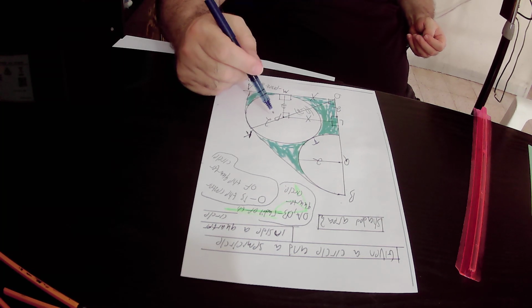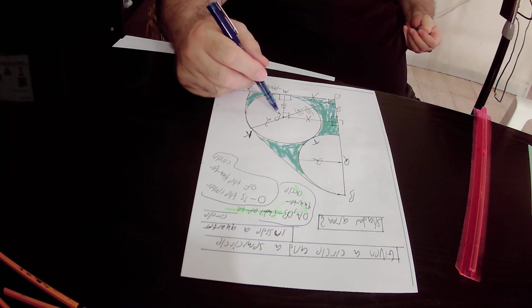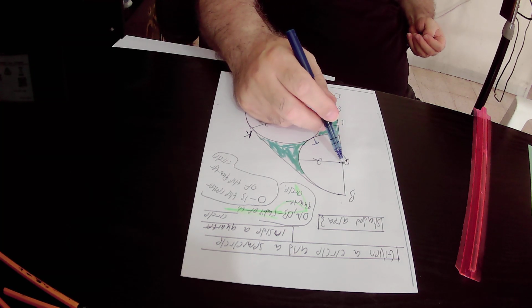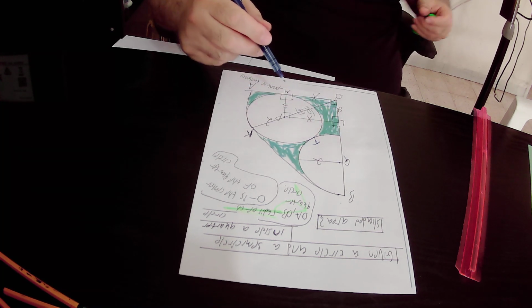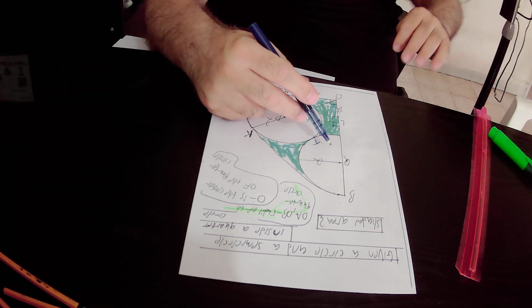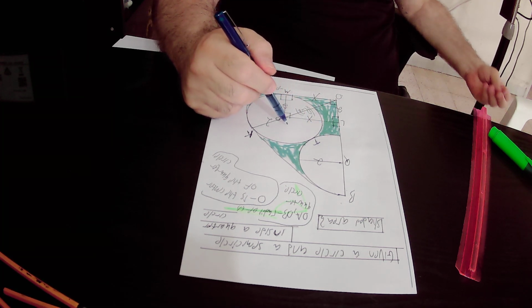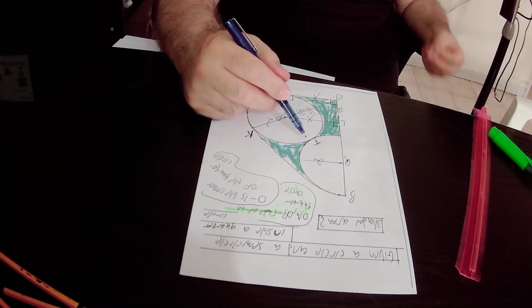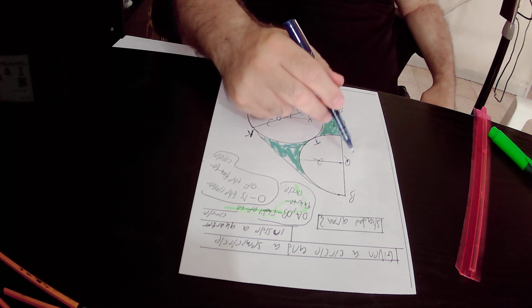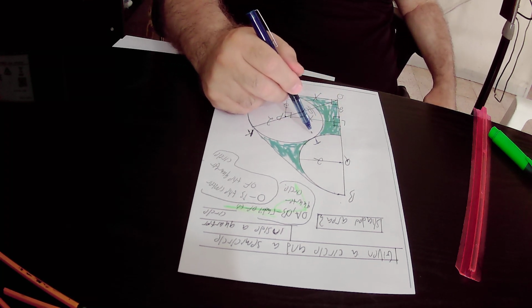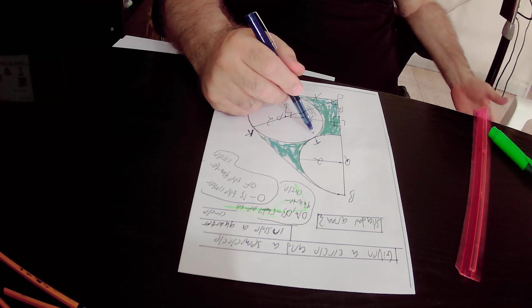Here, the center of this circle is at point P. The center of this semicircle is point Q, and the straight line that joins their centers together is the straight line QP. According to the rule that I mentioned, the straight line QP must pass through point T, that is their touching point.